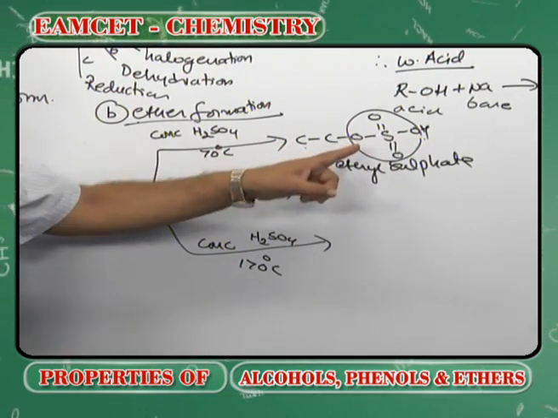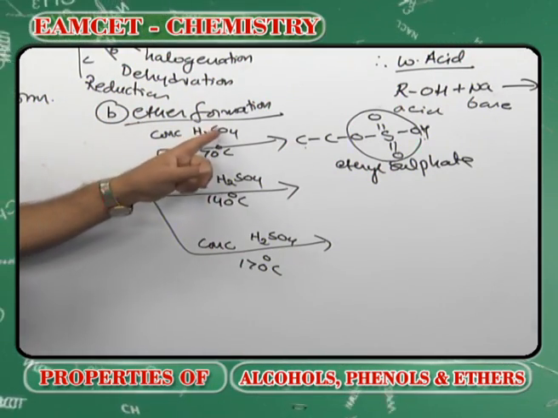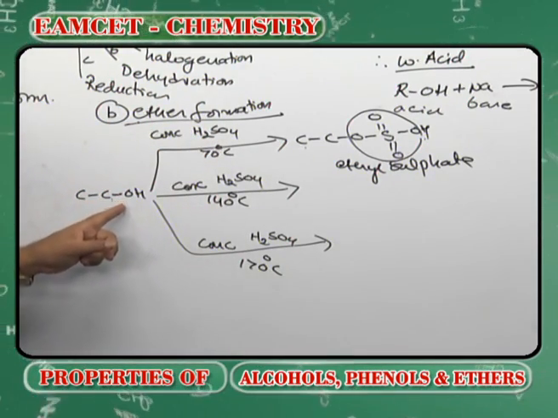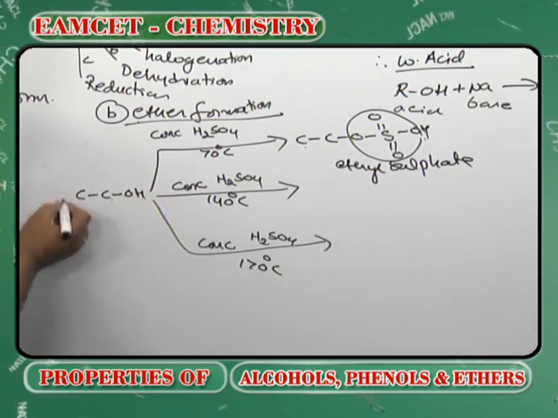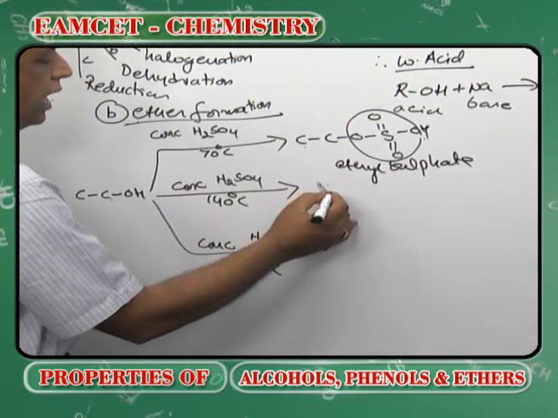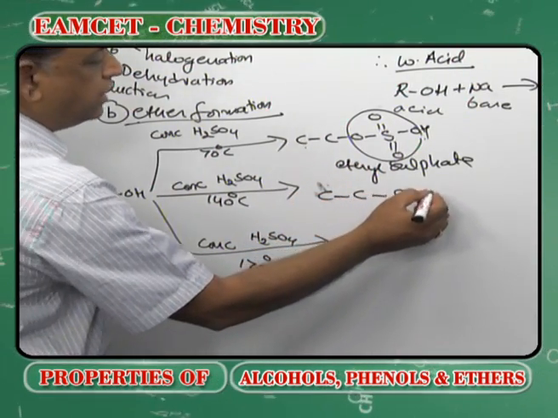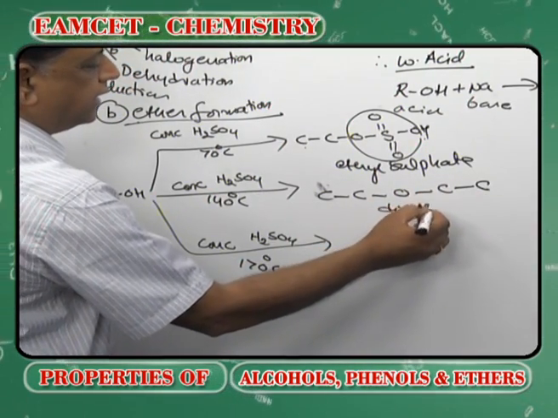Therefore, sulfuric acid is linked to the alcohol. It is a sort of nucleophilic substitution of the sulfate anion with the OH. If it is 140 degrees, two alcohols will undergo elimination, and one alcohol is attached to the other alcohol, that is called ether, diethyl ether.